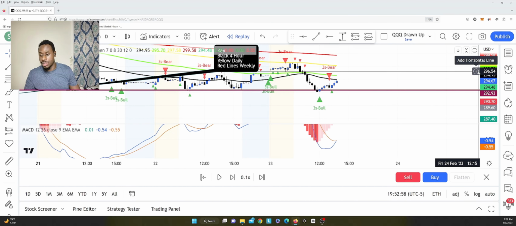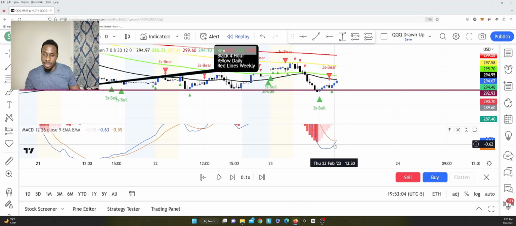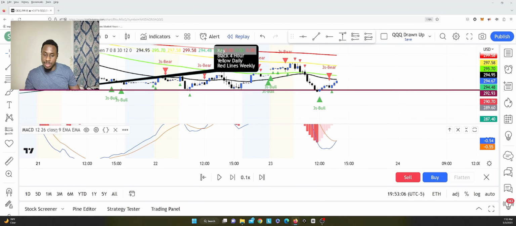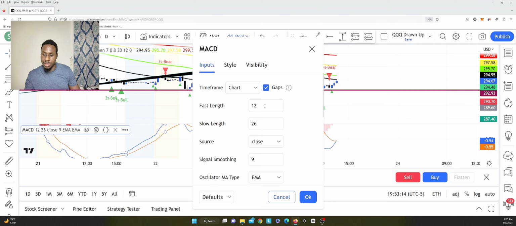Look at this. We can actually see some strength in the MACD's lines here. The MACD's EMAs. Okay, what kind of EMAs do you have here? All right, the 9 smoothing average.